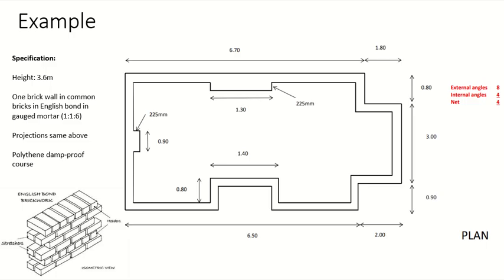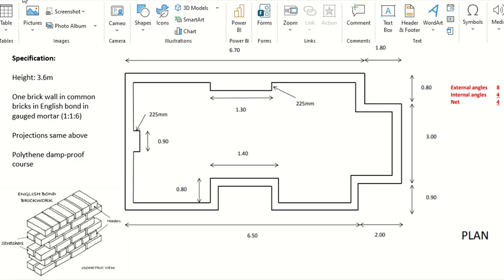Let us apply the check. Okay, what was the check? We have 2, sorry. We have this one and this one. We have 2. Okay, fine. So we apply the check on both of them. What was the check? 4 times the thickness, right? So if I do it for the first projection, 4 times the thickness is how much?